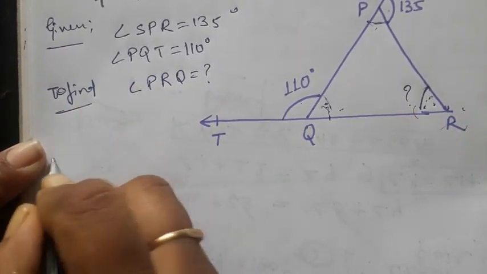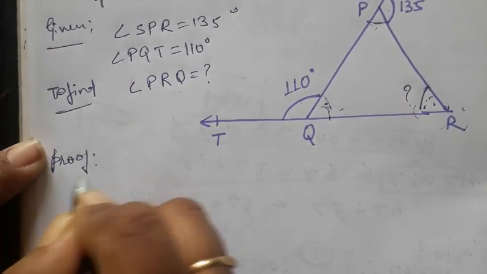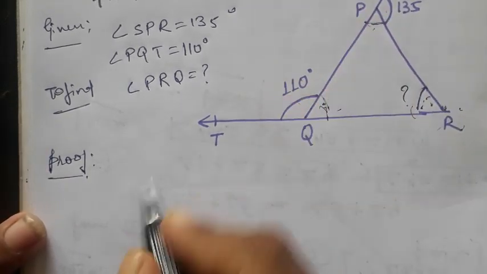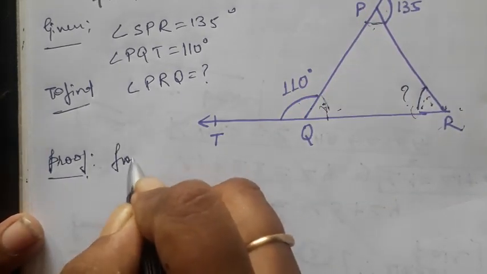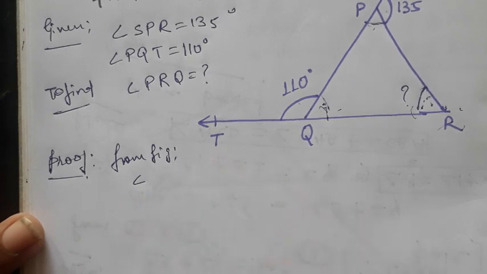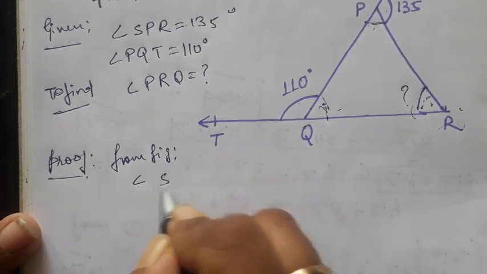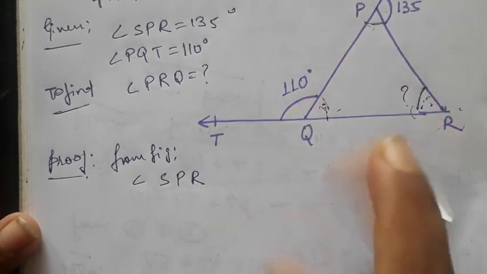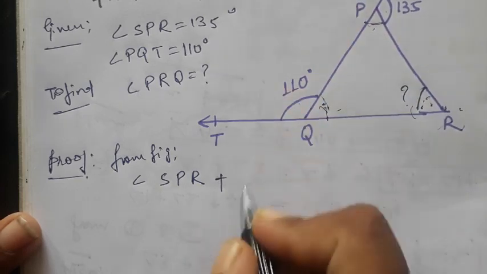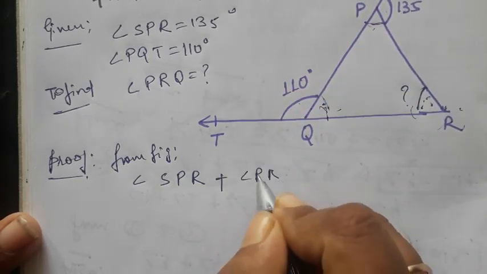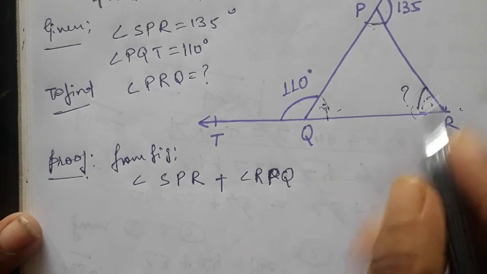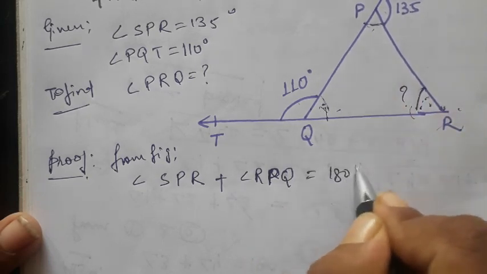Right, proof. From the figure, angle SPR plus angle RPQ is equal to 180 degrees. Why?